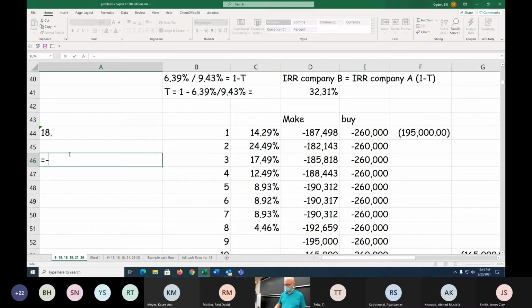So it was a minus $2 or $1.50 times the 200,000 units times 1 minus T, plus 0.1429 times, now you can only depreciate the capital cost, right? Not the working capital, so it's not 180, it's 150,000. And then times the tax rate.